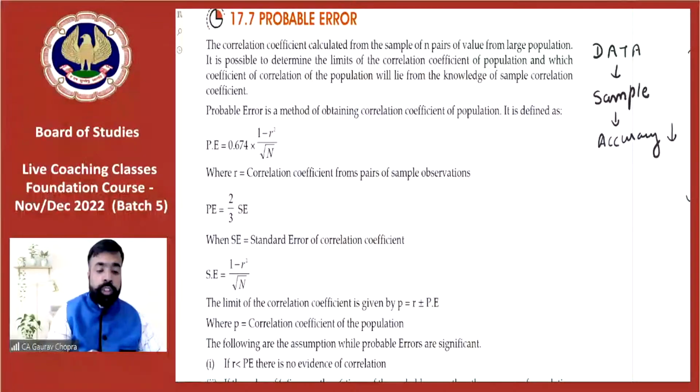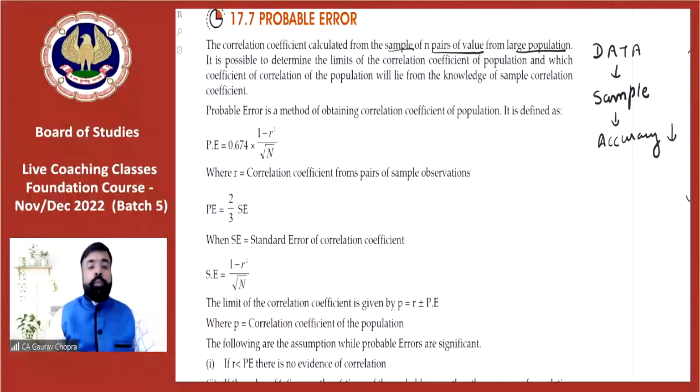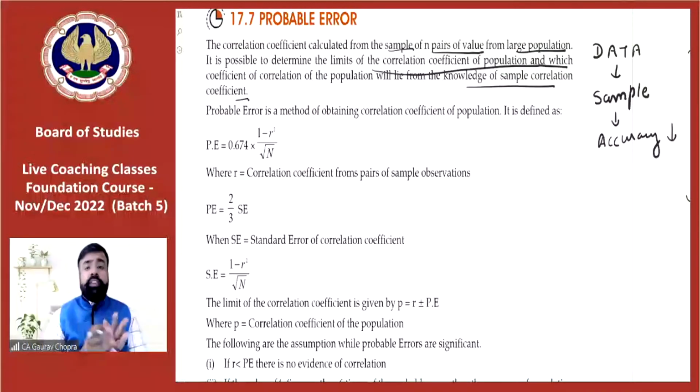The correlation coefficient is calculated from a sample of n pairs of values from a large population. So there is a large population and we are selecting n numbers from it. It is possible to determine the limits within which the correlation coefficient of the population will lie, from the knowledge of the sample correlation coefficient. We can see how much variation, how much error can happen in correlation.